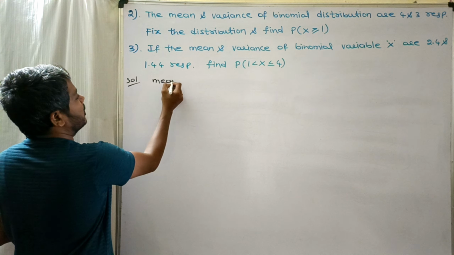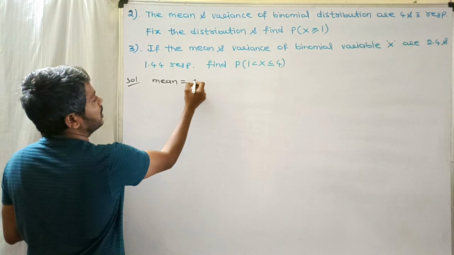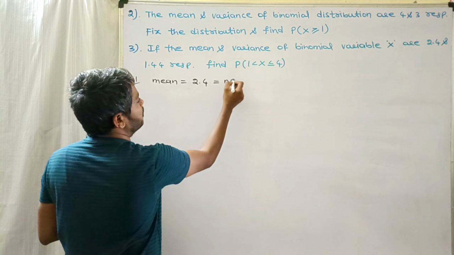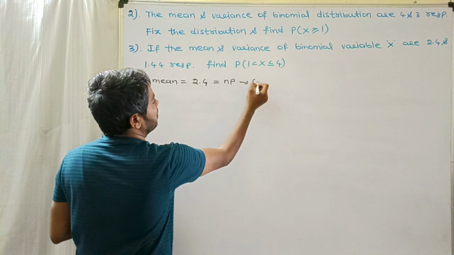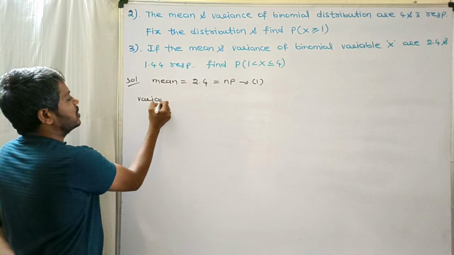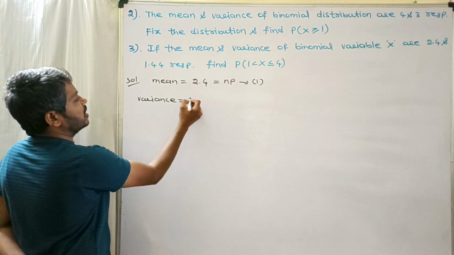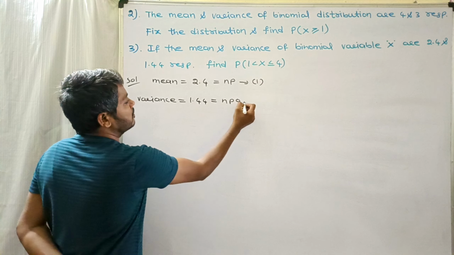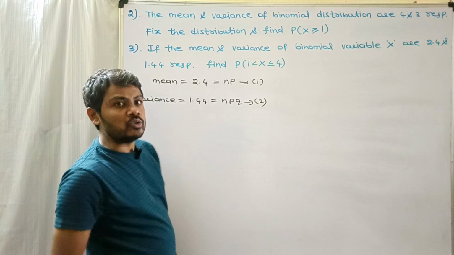Given mean equals 2.4, that is equal to np. This is equation 1. And also the variance is given as 1.44, which is equal to npq. This is equation 2.